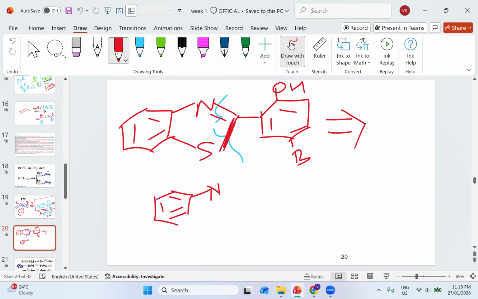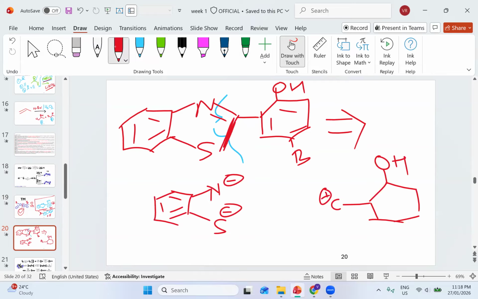This N will be negatively charged, S will be negatively charged, right? And this part comes from this carbon, the positive charge, three positive charge, right? And this will be the OH, and this is the bromo.